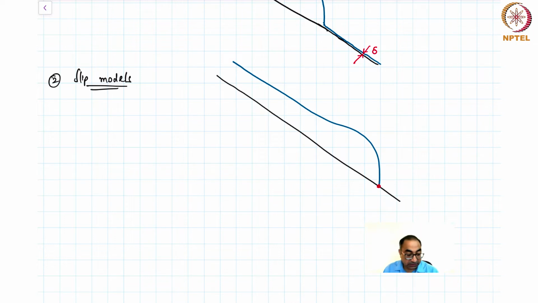The argument of the slip models is that there is a certain region on either side, let's say this is x1 and this is x2, and this is my contact line position. This region is called a slip region, and on either side of it you apply the no-slip condition.